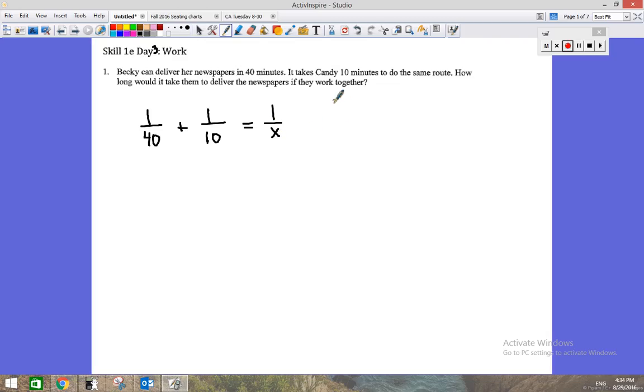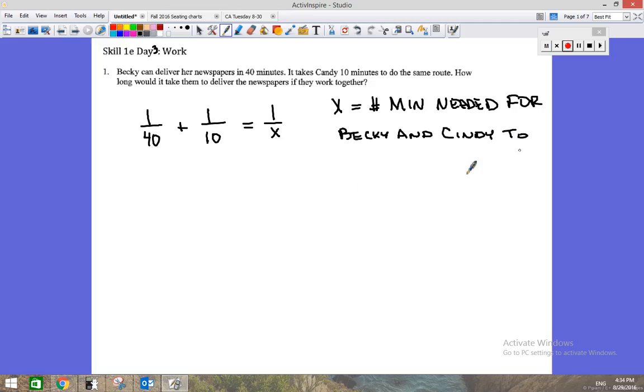So that's our variable, x, the number of minutes needed for Becky and Cindy to complete the job. And we'll emphasize that they're working together.